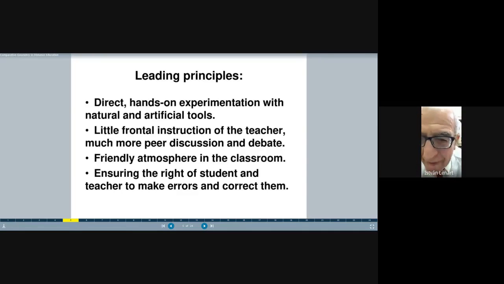Direct hands-on experimentation. And I think that it is particularly important in our age when most of the kids get the information from computers, not from their own senses, but filtered, how shall I put it, through a virtual reality. So, little frontal instruction from the teacher.